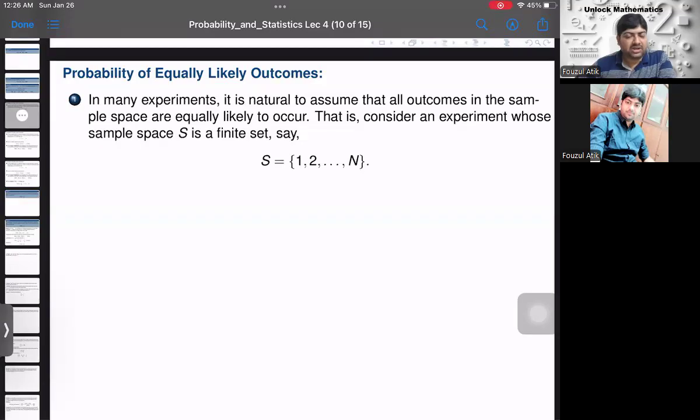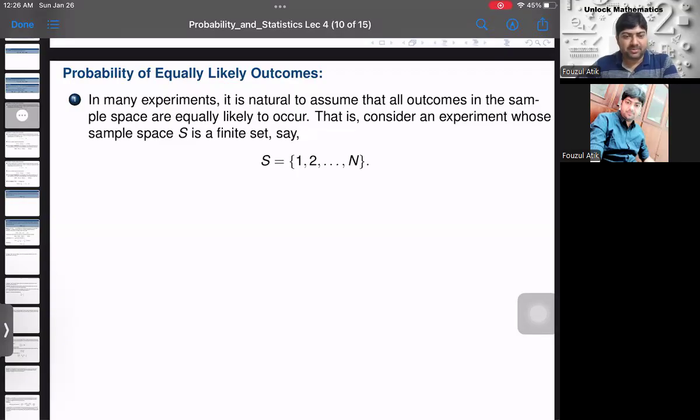Because number 1 can appear with the same probability as number 5. So all the faces can appear anytime. We don't know which, but all of them will have an equal opportunity. So these kinds of outcomes, we call them equally likely outcomes, right?